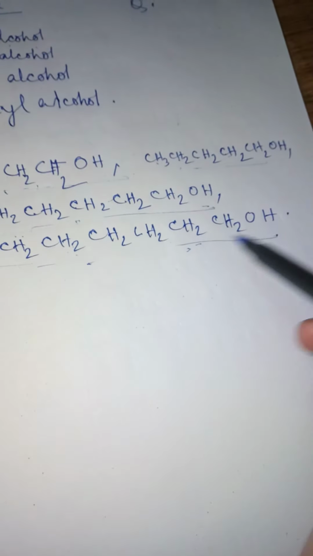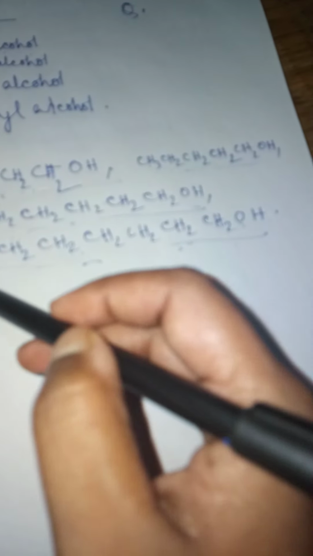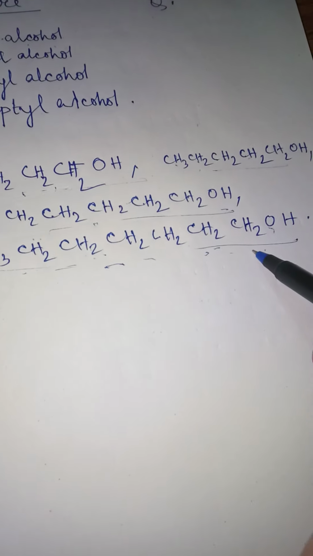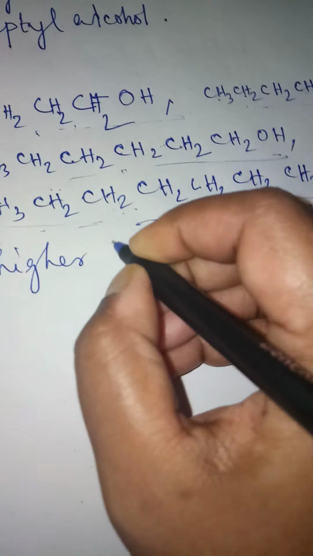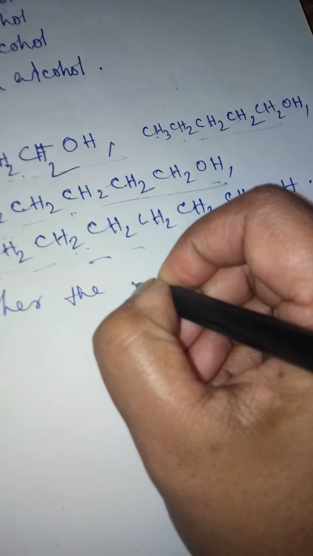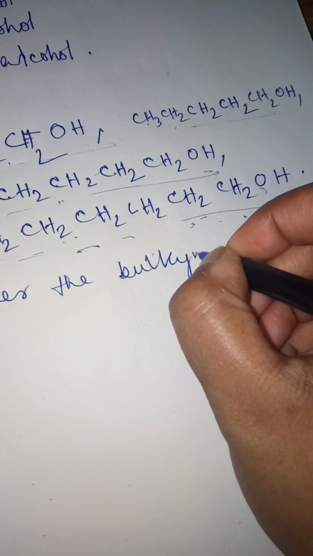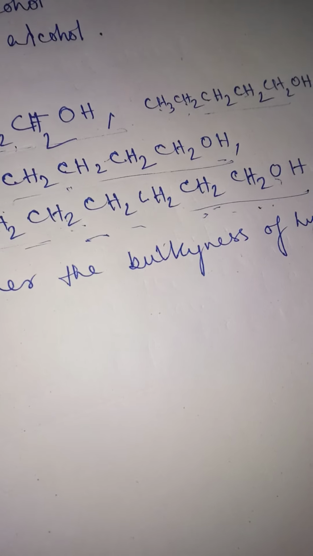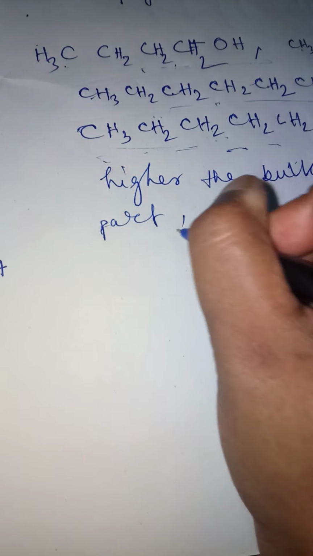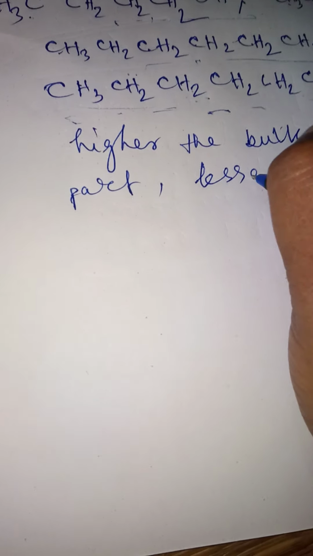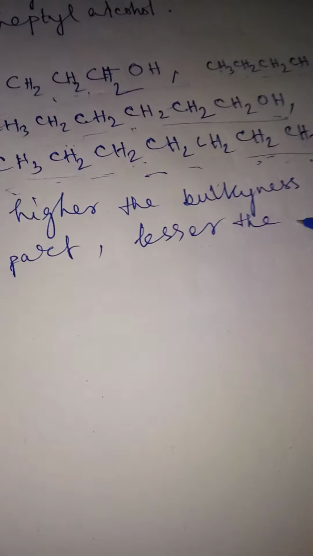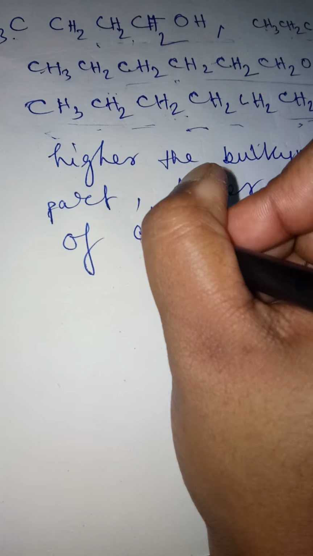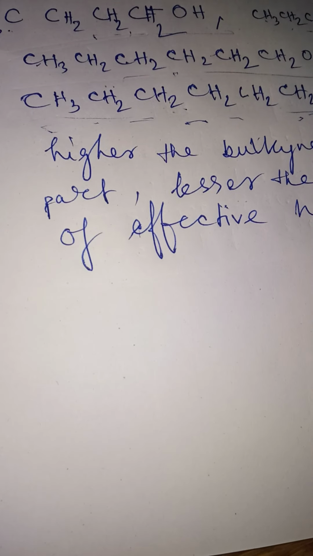The chain increases actually. So, the higher the bulkiness of the hydrocarbon part, the lesser the formation of effective hydrogen bond.